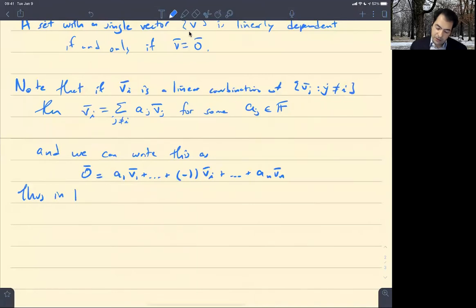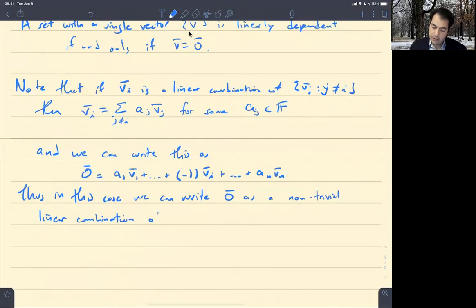Thus, in this case, we can write 0 as a non-trivial linear combination of the vectors in this set.